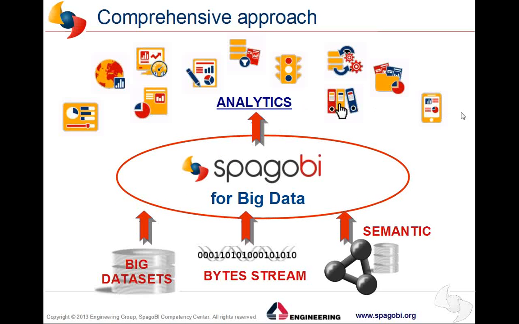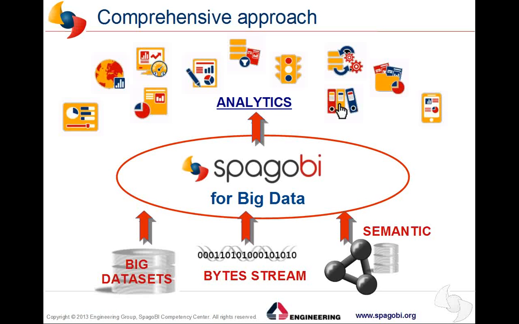Then SpagoBI allows a different kind of analytics. You already know maybe that SpagoBI integrates altogether different kind of engines for different kind of charts, or different kind of visualizations and analytics, of course. So it involves different kind of analytics.